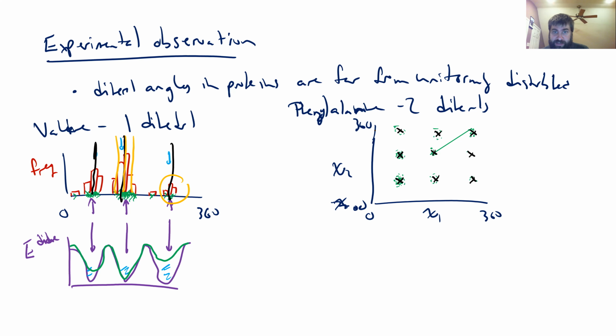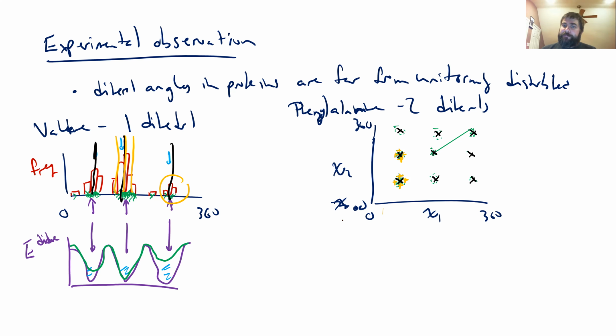Similarly, in the case of phenylalanine, maybe we say, let's add an additional choice at places nearby the center of these very highly populated peaks, but don't add extra choices around some of the less populated peaks.